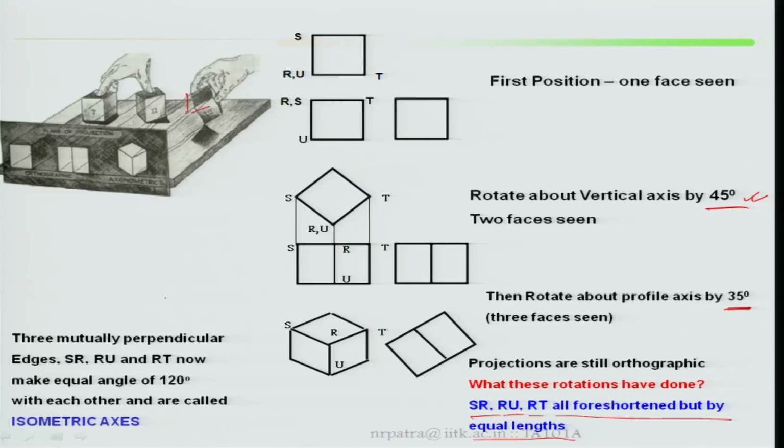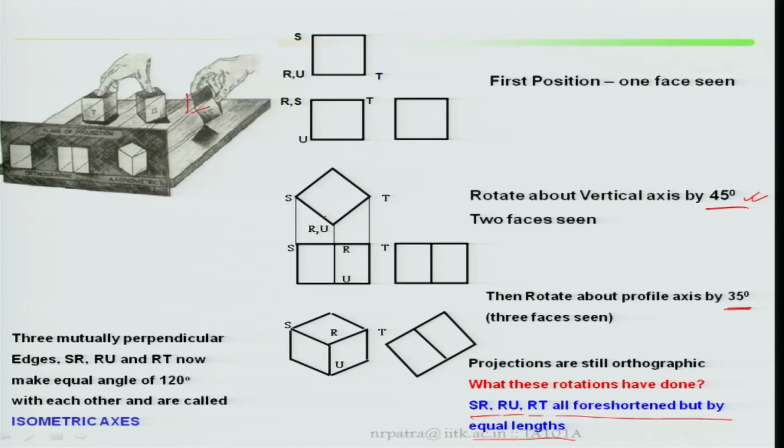Three mutually perpendicular edges SR, RU and RT. RU is going down. RT is your side, SR. Now after rotating 45 degree, then tilting 35 degree, SR, RU, RT make equal angles of 120 degree with each other. These are called isometric axes.